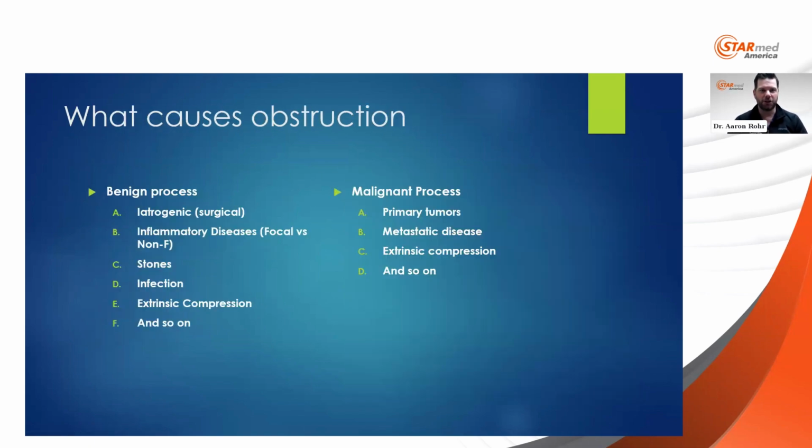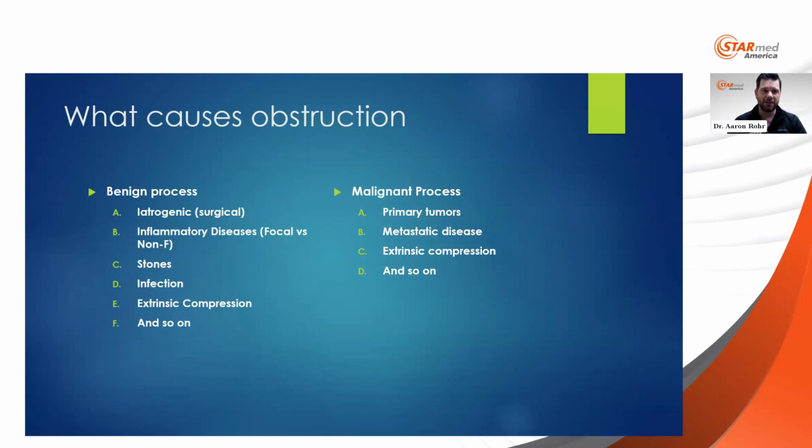So what causes obstruction? There's benign and malignant, probably the big heavy hitters in interventional, right? Benign processes include things we created in the medical realm, inflammatory diseases, stones, infection, all those kinds of things.